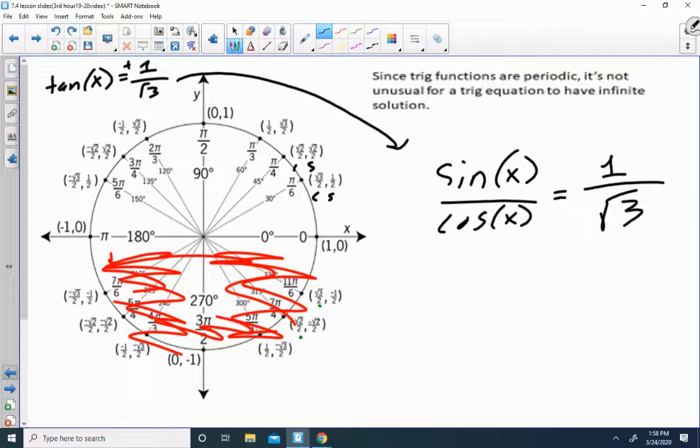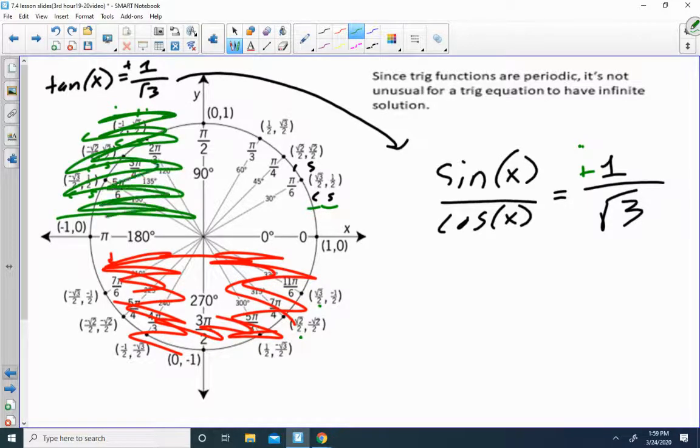So in other words, we need to do sine divided by cosine to get 1 over root 3. And also notice it needs to be positive. So in other words, if you look over the second quadrant, this one will have you do sine divided by cosine, or positive divided by negative, which gives us a negative answer. We don't want a negative answer. So that means anything in quadrant 2 is a no-go. So whatever answer we're looking for, it has to be in quadrant 1.